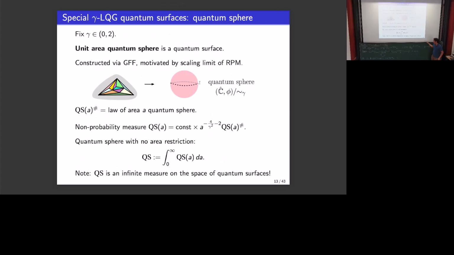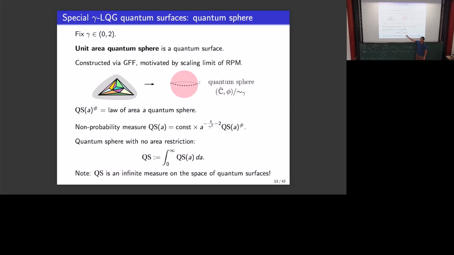And the space of quantum surfaces is huge, but there are some very special ones. We discussed the quantum sphere on Tuesday as being motivated by the scaling limit of a random planar map with the sphere topology. I'm not going to go into detail here. I'm just going to say that this object is constructed in the continuum using the Gaussian free field. The exact definition is motivated by planar maps, but no planar maps show up in the definition.